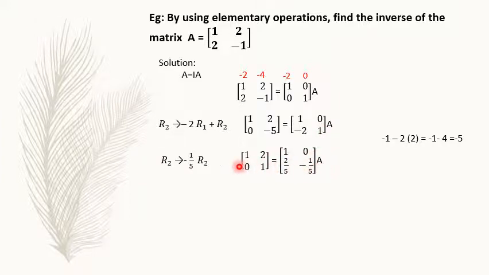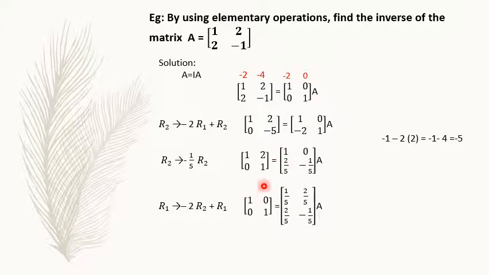So our next task is also completed. Now, all other elements in that column should be 0. Here, we need to convert 2 to 0. How? We need to multiply this row by minus 2 and add it to this row. That is, R1 should be changed: R1 becomes minus 2 R2 plus R1.